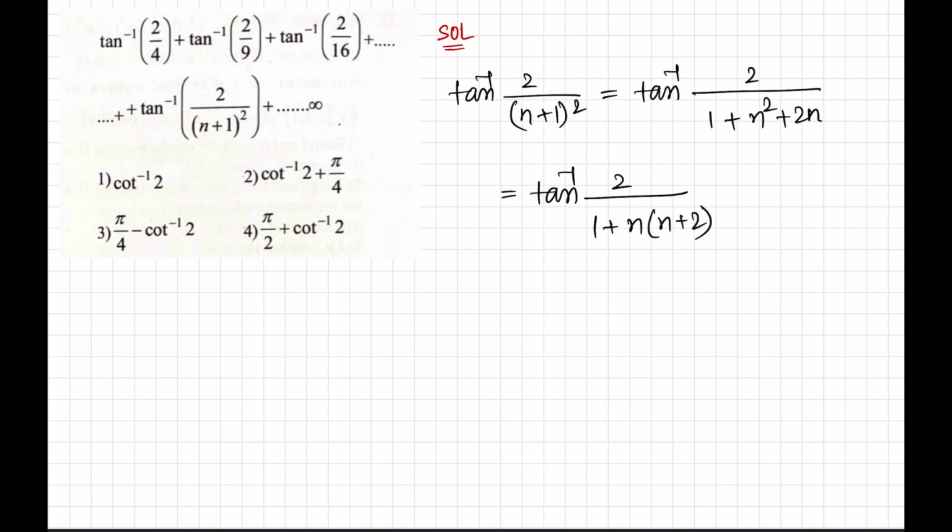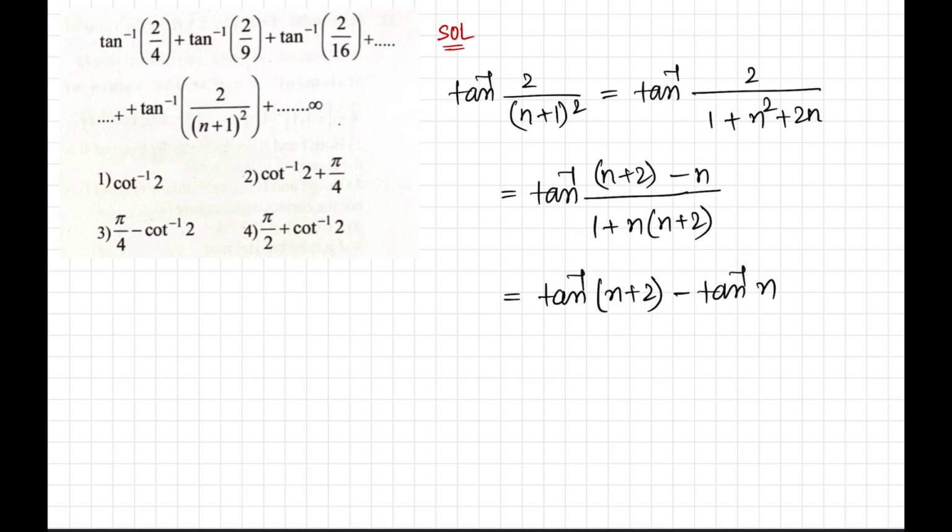And if we change the numerator in the following format, which is (n plus 2) minus n, here this term is now in the format where it can be written as tan inverse of (n plus 2) minus tan inverse of n.